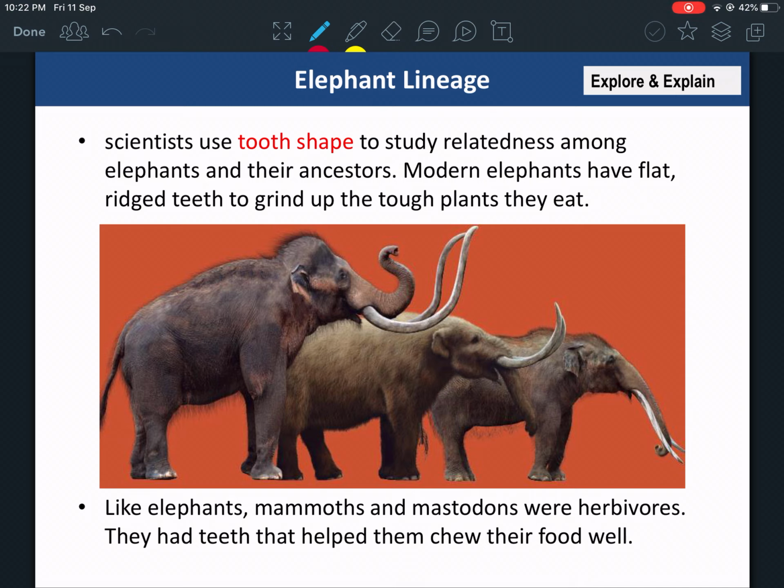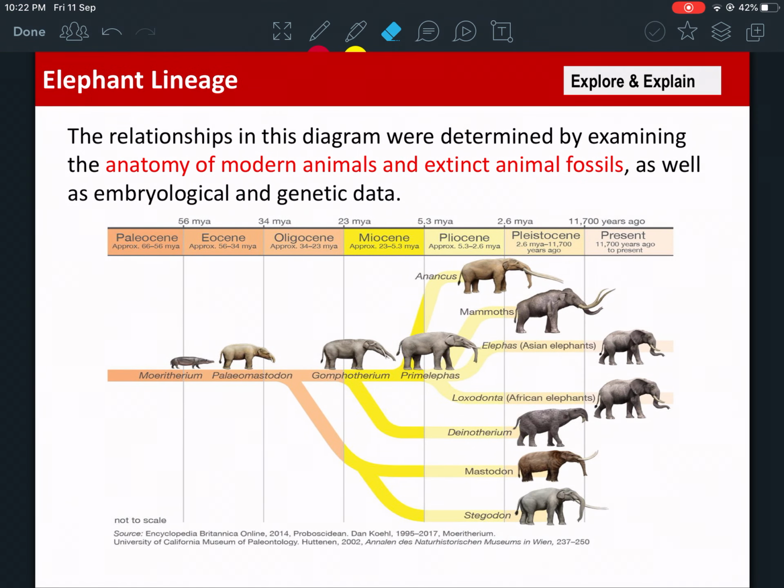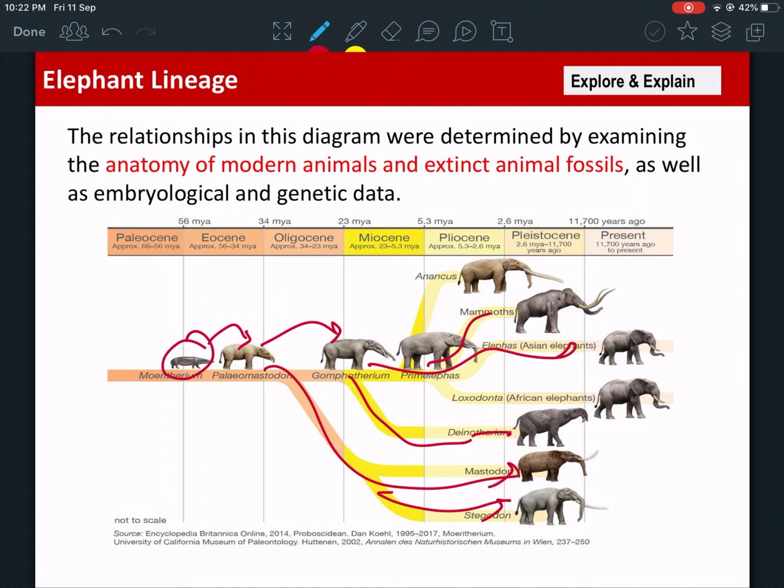Elephants came from mammoths, this is their lineage. That's what they believe. They also take into consideration their tooth shape. They believe that this is how they started here, and then this species evolved into this, and then into this, and then this evolved into that, and then this one evolved into these two. And this evolved into here, and this evolved into here.